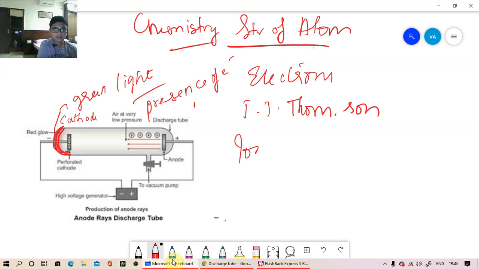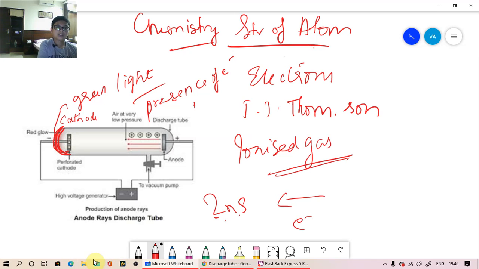So, nothing but ionized gas, ionized air. When electricity started flowing, the negative charges hit the zinc sulfide screen, and this led to the discovery of electrons.